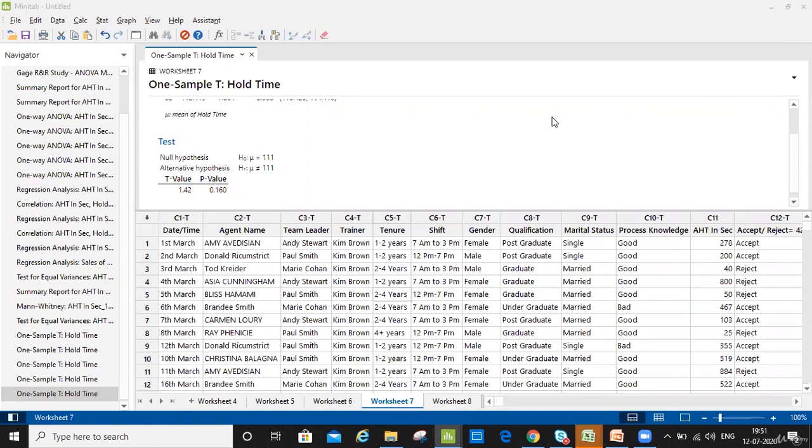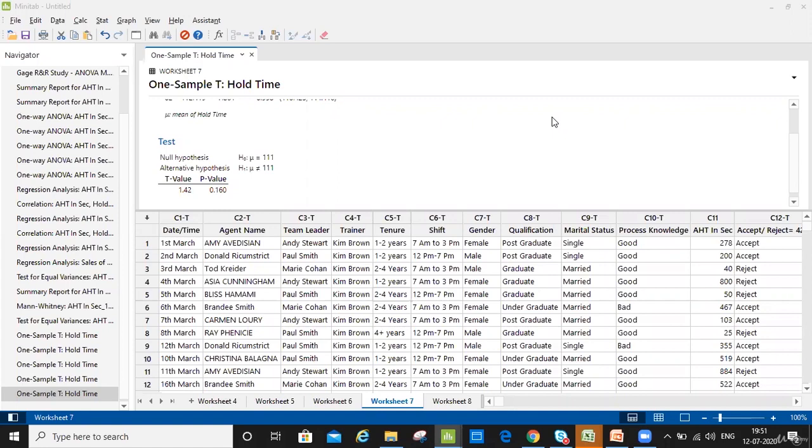Because this is only on the continuous data that we have, and quality, if it's attribute data, then there is no test available for it. For that, we need to make a call, need to have a discussion around it, that I want to reduce the hold from 112 to 110. And then I also need to ensure that my quality should not get compromised. So that's a prerequisite that you can have along with it.